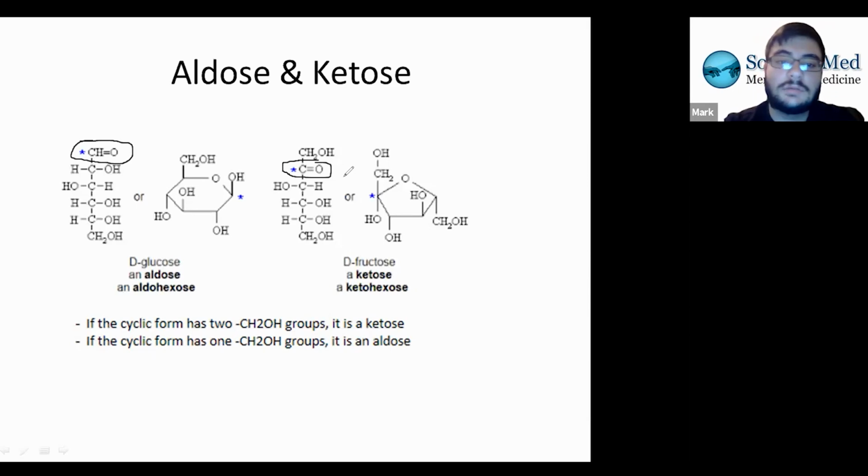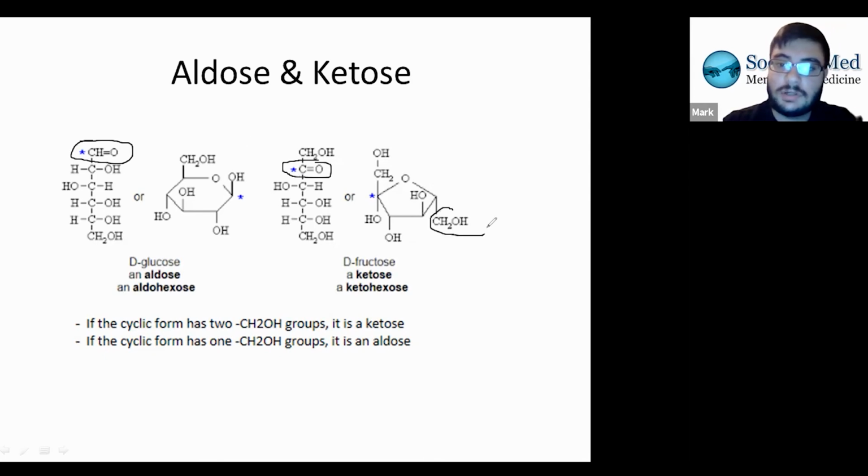An easy way to determine whether it's an aldose or ketose if they give you a ring, which I don't know if they would because that's a little bit tricky. They usually, I think, will give it in a Fischer projection or they'll tell you. But in case they do, if the cyclic form has two CH2OH groups, it's a ketose, right?